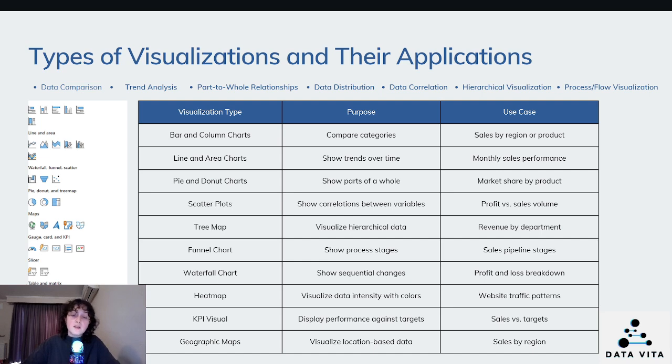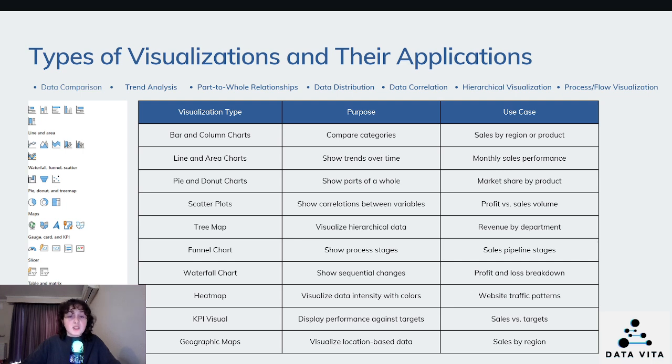Let's go over some popular visual types and their best use cases. Bar and column charts are ideal for comparing categories or values side by side, for example, comparing monthly sales across regions. A line chart is perfect for tracking trends over time, for example, monitoring website traffic over weeks or months.